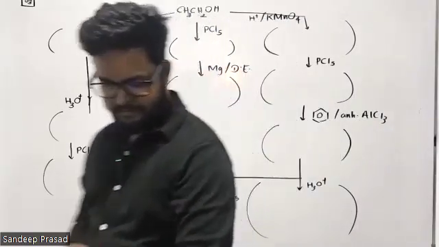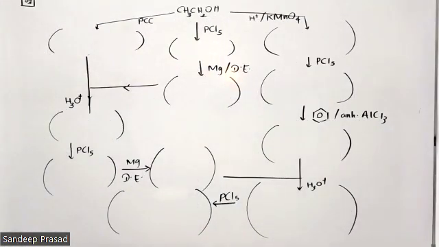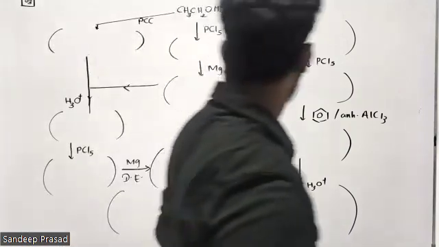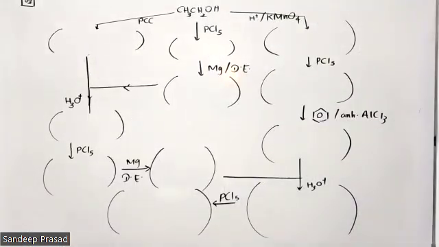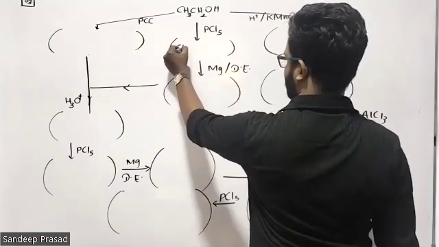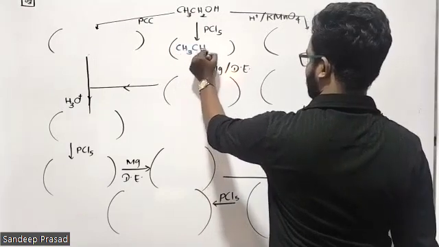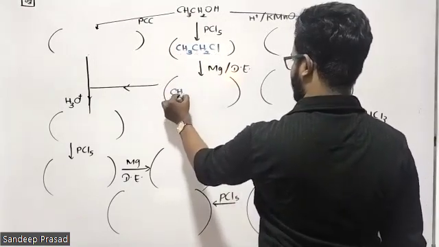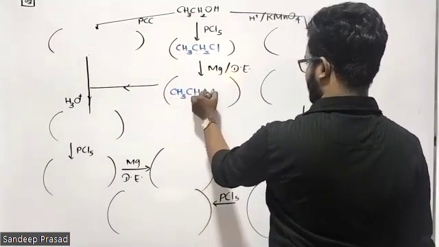A flow chart like this. How can we do this? CH3CH2Cl. Magnesium diethyl ether is added, so therefore the Grignard reagent, CH3CH2MgCl.